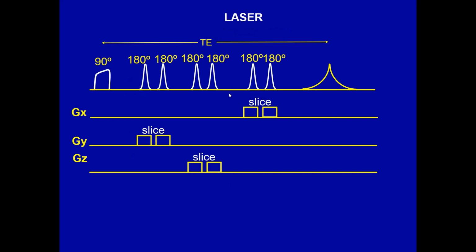So the LASER sequence consists of a series of adiabatic pulses. There's an adiabatic 90. We have pairs of 180-degree pulses. And this sequence works well, especially in the presence of B1 inhomogeneities, because we're using adiabatic pulses. Say if you had a surface coil, this could be a very good choice because you would get homogeneous 90-degree and 180-degree tips throughout a large volume near the surface coil.